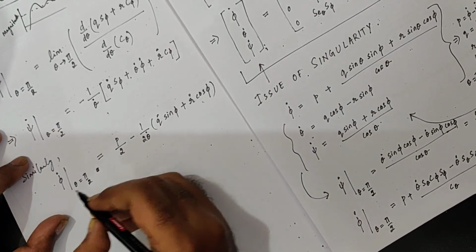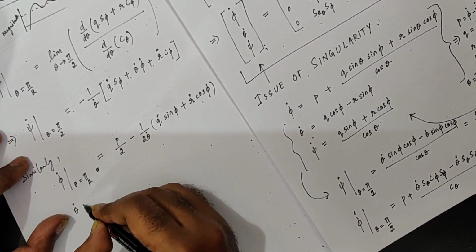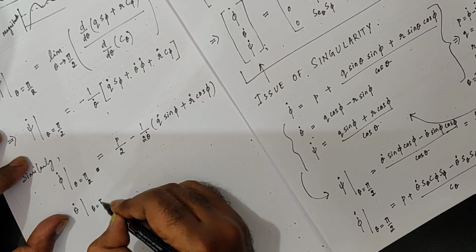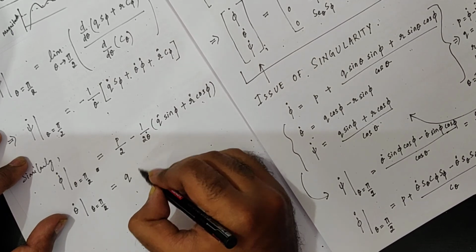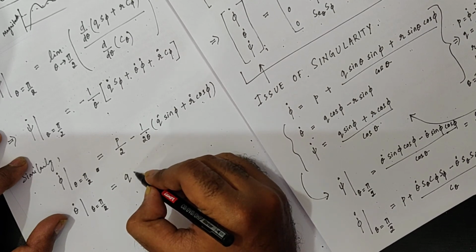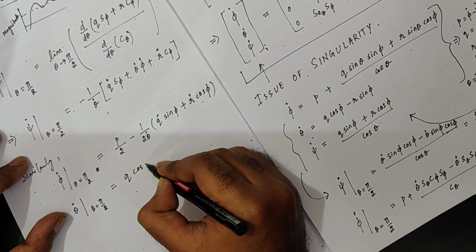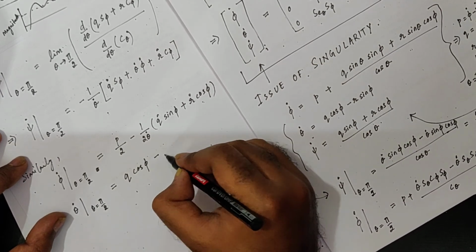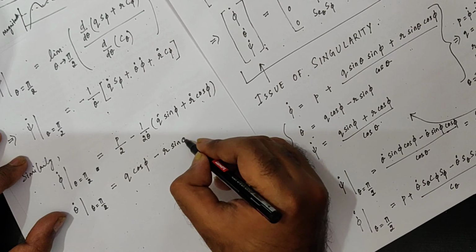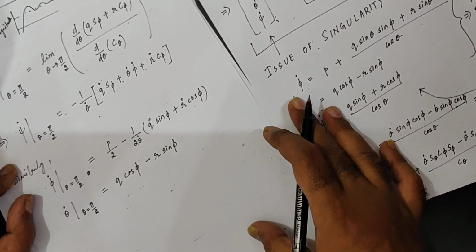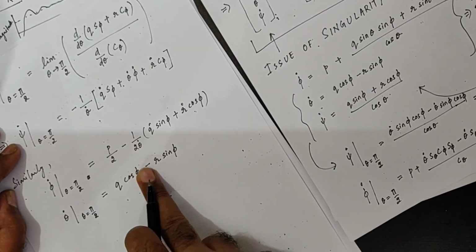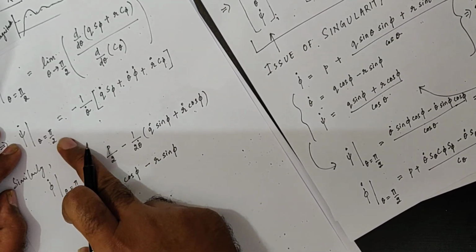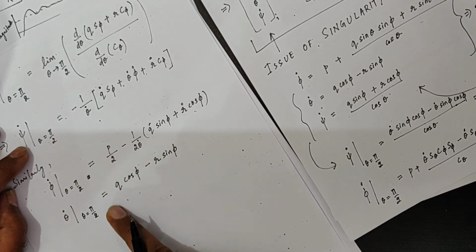Next, theta dot at theta equals pi by 2 equals Q cos phi minus R sin phi. So these three equations we got when theta equals pi by 2.